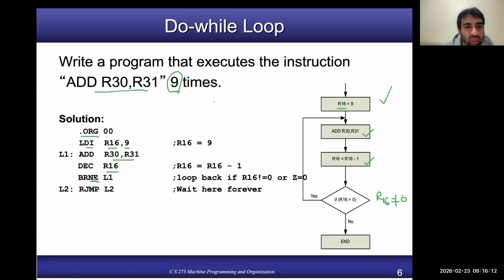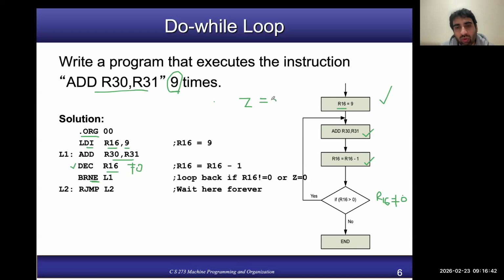So this instruction, what will it do? It will look at the value of the Z flag. The last instruction that affects the Z flag is decrement, because in decrement you are doing subtraction, R16 minus 1, so the Z flag will be affected. If the value of R16 is not equal to 0, your Z flag will be equal to 0.